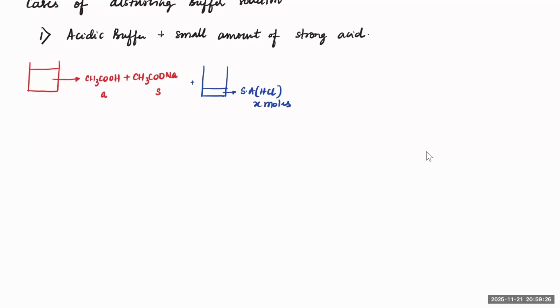Got it? You can call it in terms of moles or concentration, doesn't matter. But for our understanding, let us give that in terms of X moles. The total volume here is V.